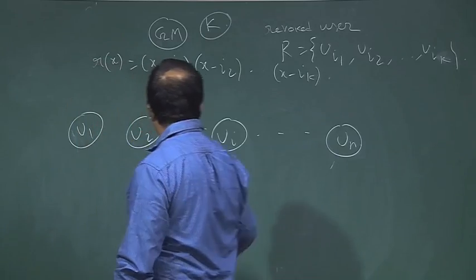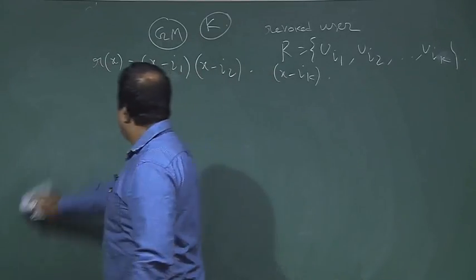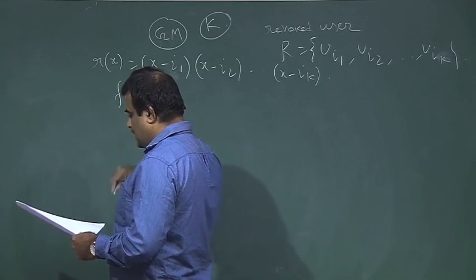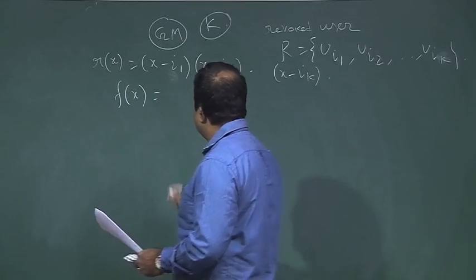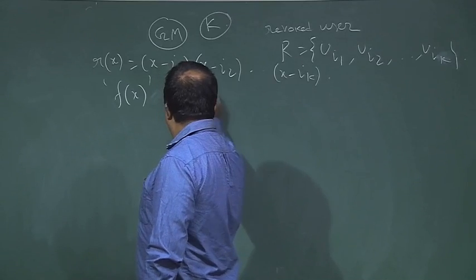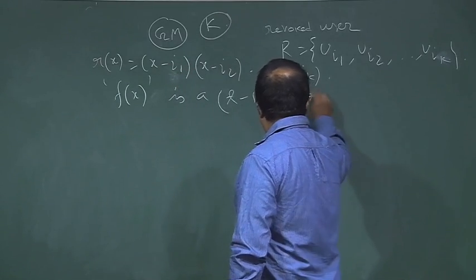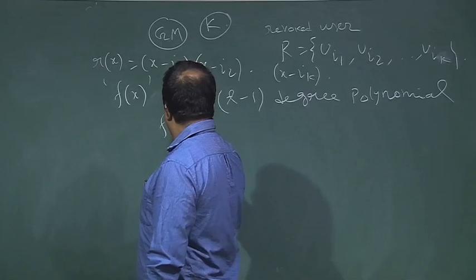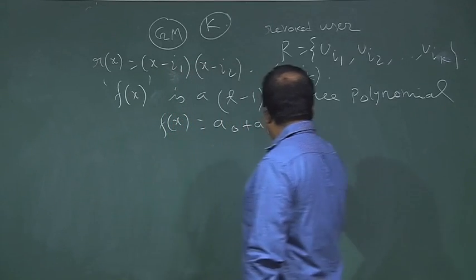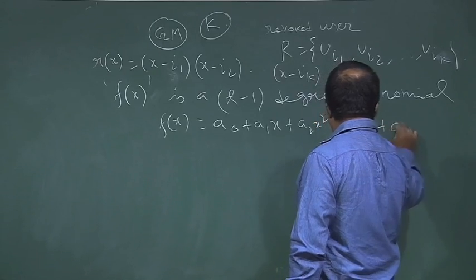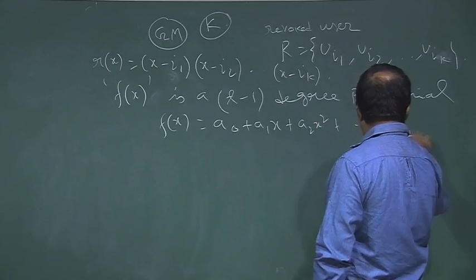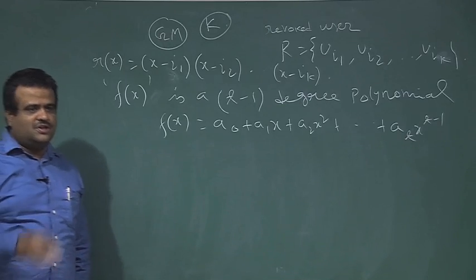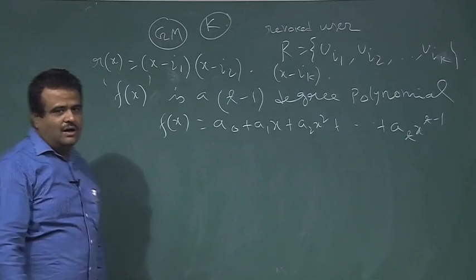Then compute f(x), which is a t minus 1 degree polynomial: f(x) equals a0 plus a1 x plus up to a(t-1) x to the power t minus 1.